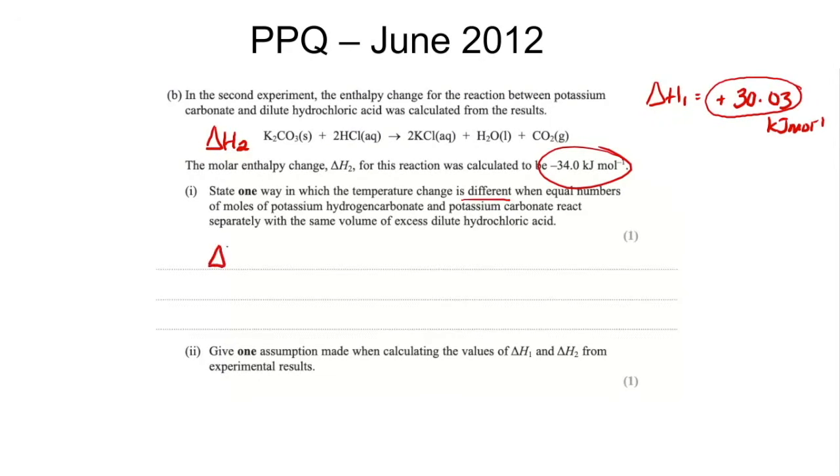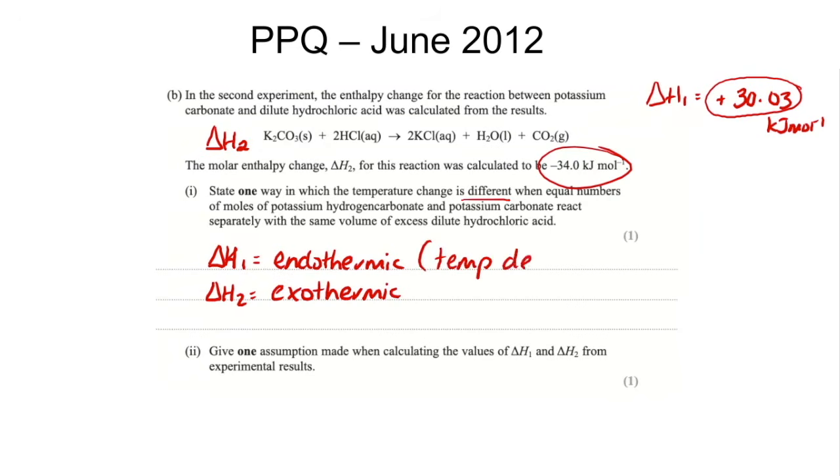We can either say delta H1 is endothermic, whilst delta H2 is exothermic, or we can say that delta H1 has a temperature decrease, whilst delta H2 has a temperature increase.